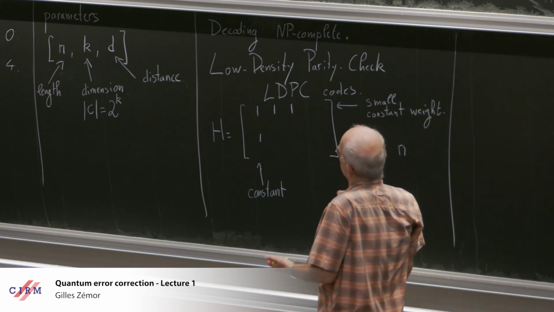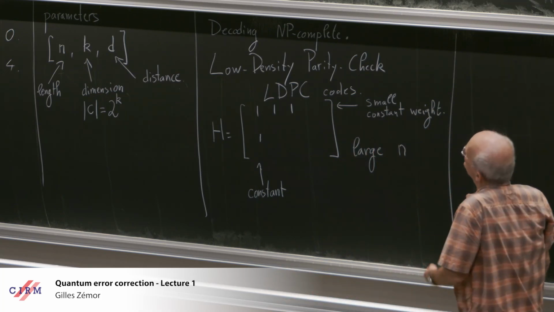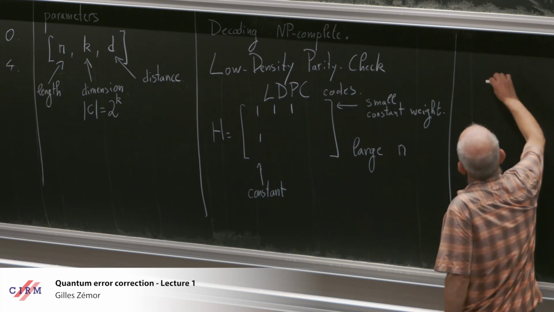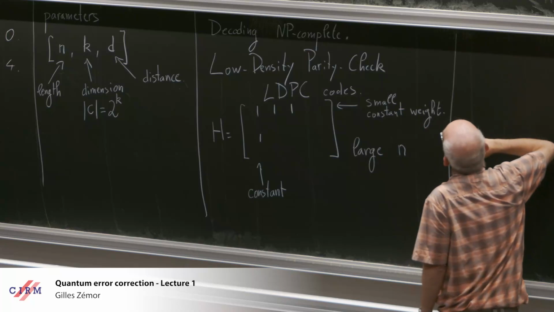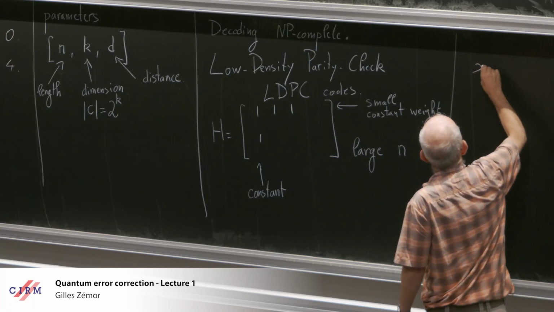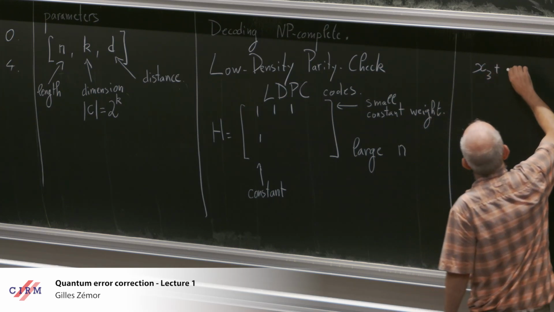So why is this an interesting idea? Well, because you can imagine that this is going to help decoding, right? So when you compute the syndrome, you're computing equations. So code words should satisfy equations, and if they're of small weight, your equations will look like this.